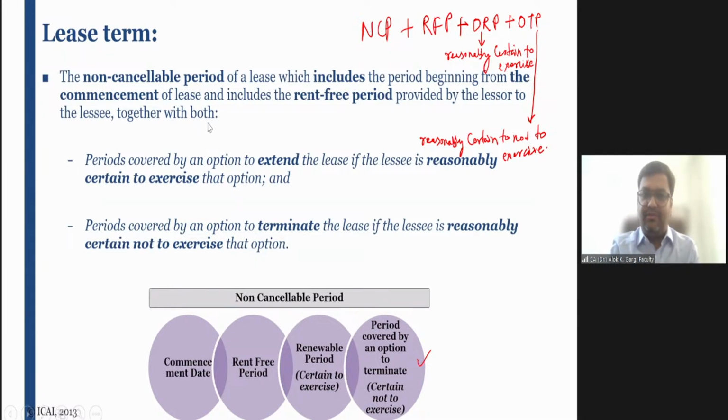Together with both, the period covered by an option to extend the lease, means optional renewal period, if the lessee is reasonably certain to exercise that option, and the period covered by an option to terminate the lease, optional termination period, if the lessee is reasonably certain not to exercise that option, right? So this is the meaning of lease term. Commencement date, non-cancelable period from commencement date, plus rent-free period, plus renewable period, plus period covered by an option to terminate if it is not exercisable.